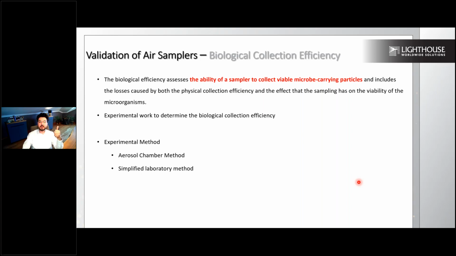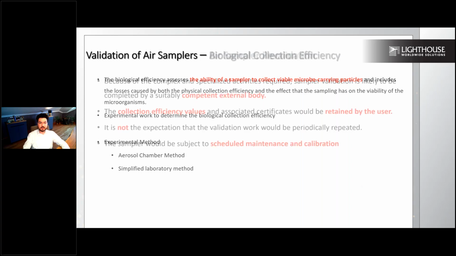This should be done by third-party laboratories with living organism tests. Another is a simplified laboratory method, which can also be carried out by the end user, as a side-by-side testing of your microbiological air sampler, comparing what you count from your unit under test and the reference unit. So both methods are defined under the EN norm, under validation of air samplers.